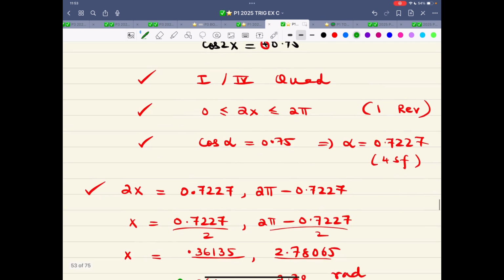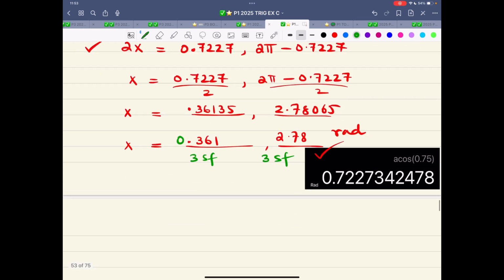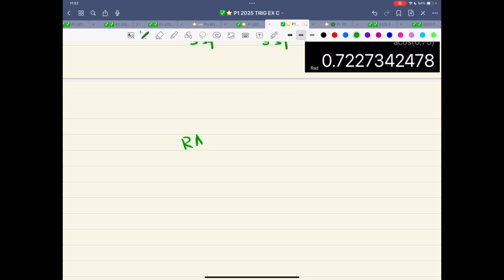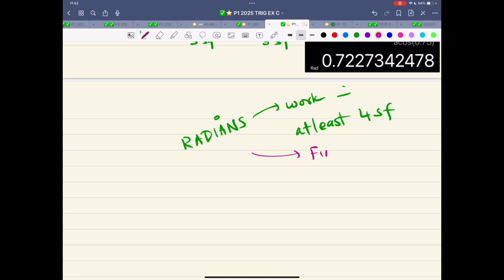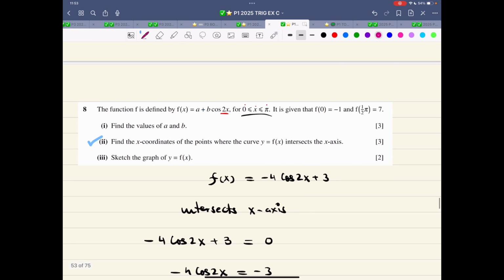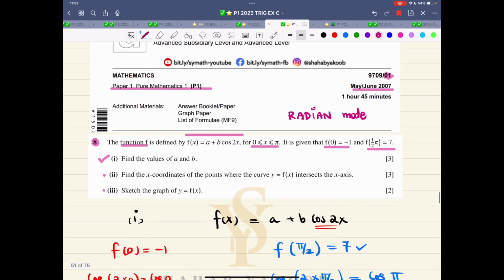So therefore, when we are talking about angle in radians, the rule is work in at least minimum 4 significant figures, and it's good enough so that the final answer is given correct to 3 SF.